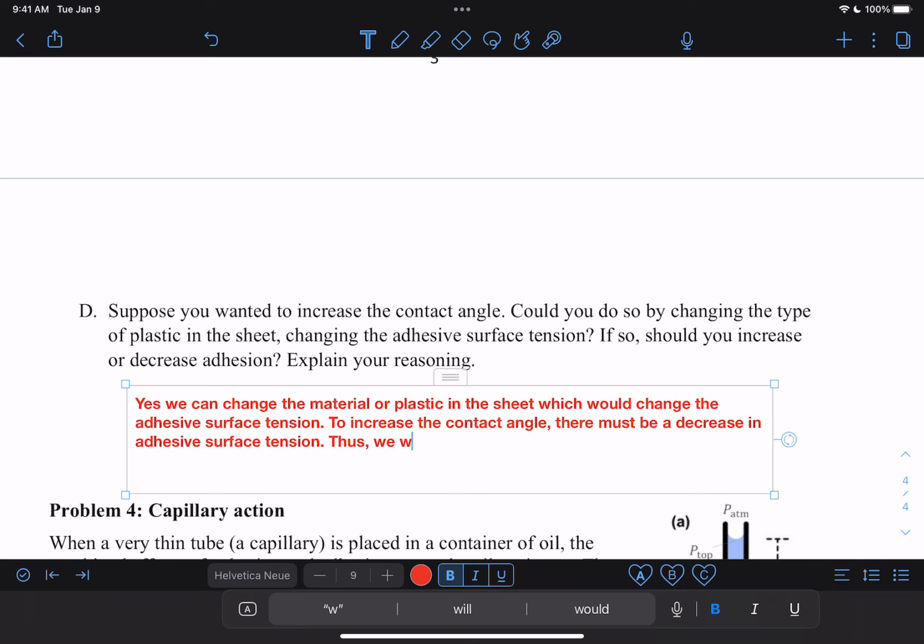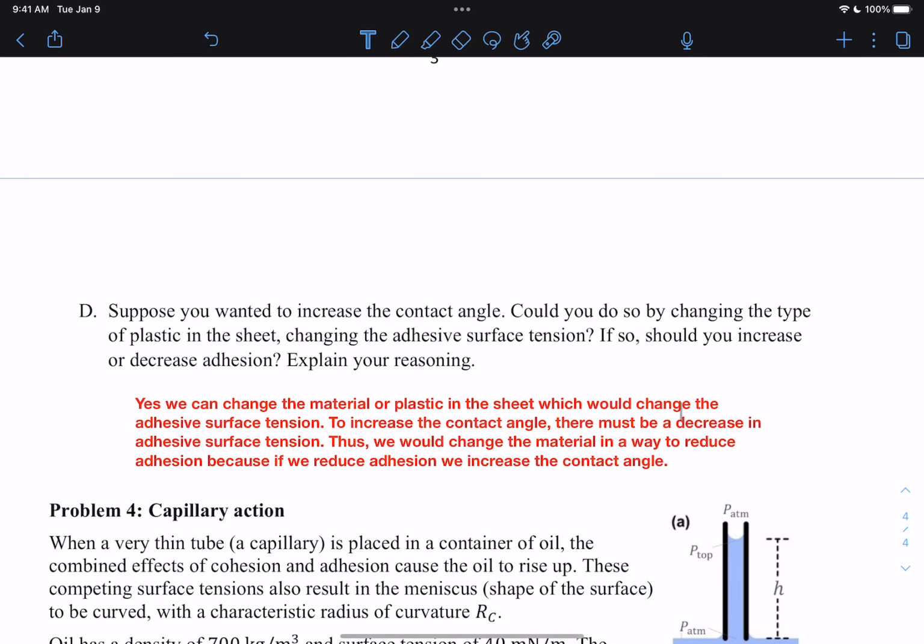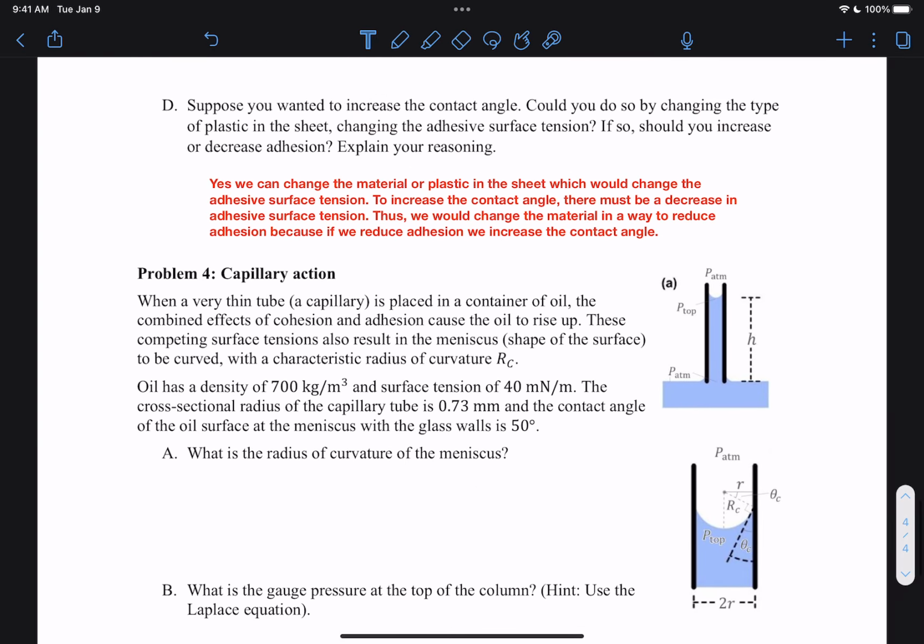Thus, we would change the material in a way to reduce adhesion, because if we reduce adhesion, we increase the contact angle. There. That's kind of the gist there.